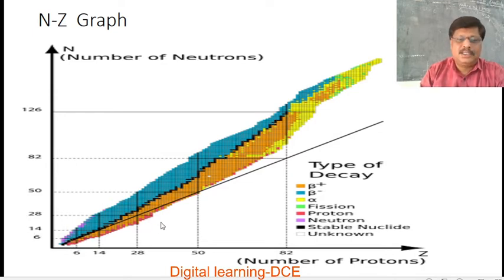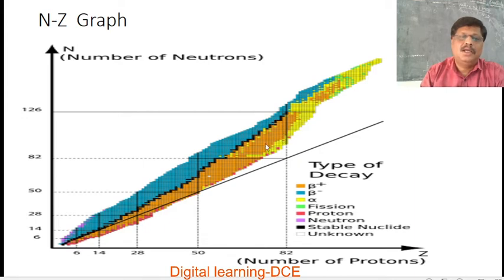This straight line represents the neutron-proton ratio equal to 1, and this graph is called the stability graph. The red color shows the positron emission, the negative color shows the emission of the beta particle, and the green and yellow color shows the emission of the alpha particle.